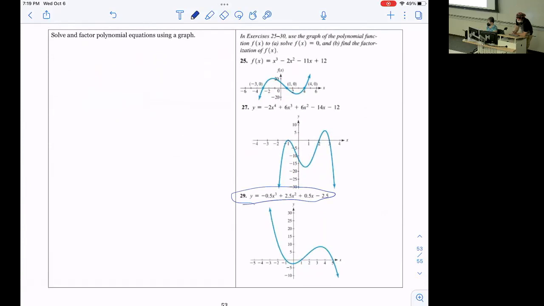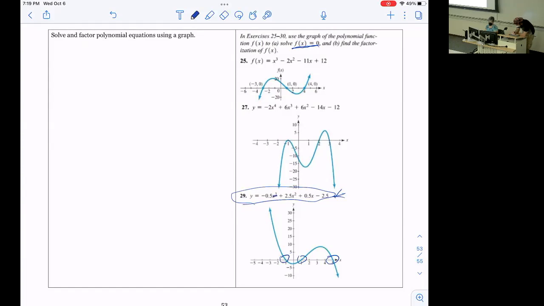We could go through all of our factoring and get all those answers, but it wants us to look at the graph and do it. So we want to find f of x is equal to 0. That's just when y is equal to 0. So every point on y equals 0 is going to be an answer. We have an answer right here, and right here. We should always expect the same number of answers as our degree.